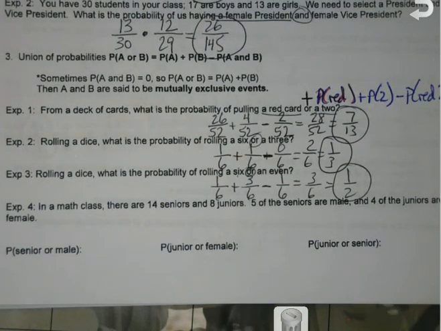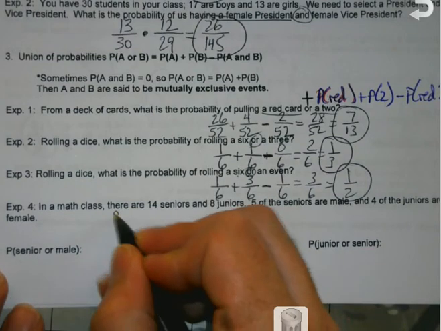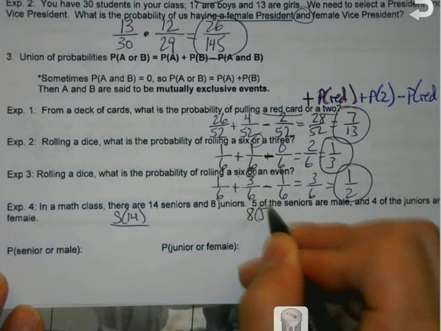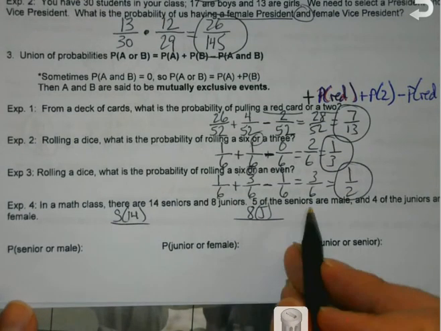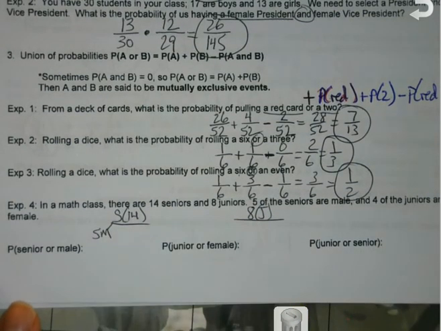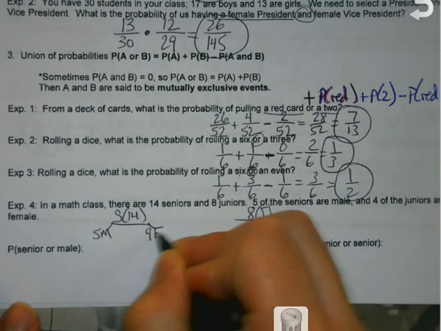Example 4. In a math class, 14 seniors and 8 juniors. 5 of the seniors are male. So how many of them are female then? Because it doesn't tell us that. There'd have to be 9, so it adds up.